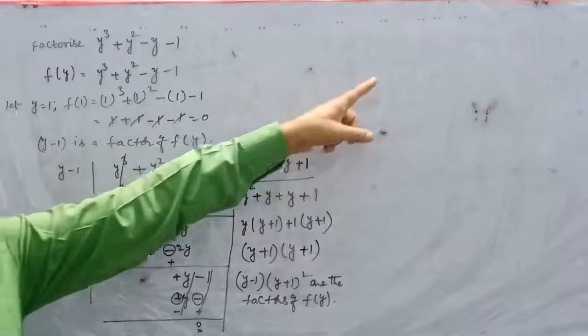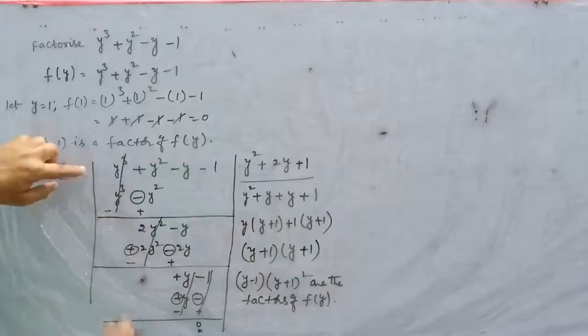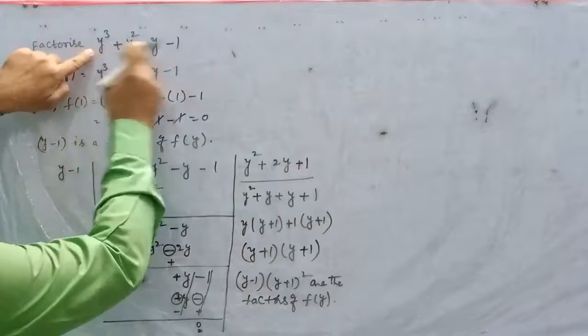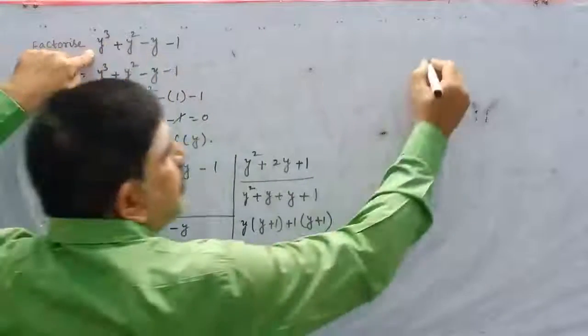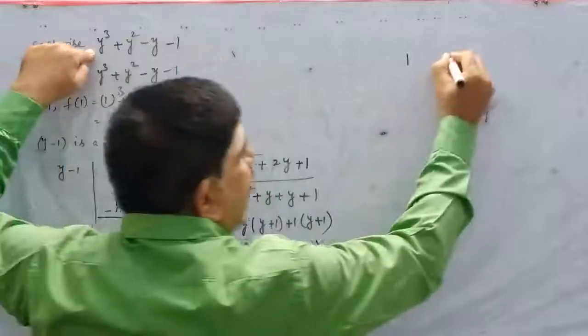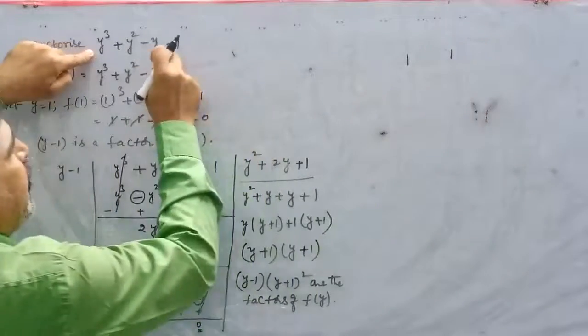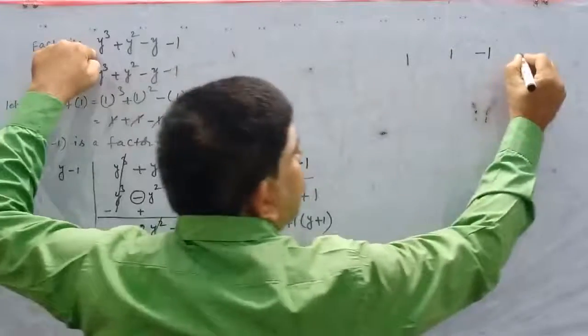Next method: by the Horner's method also we can find the remaining 2 factors. How? You write the quotients of the terms. The quotient of y cube is 1, y square quotient is 1, y quotient is minus 1, and the constant is minus 1.